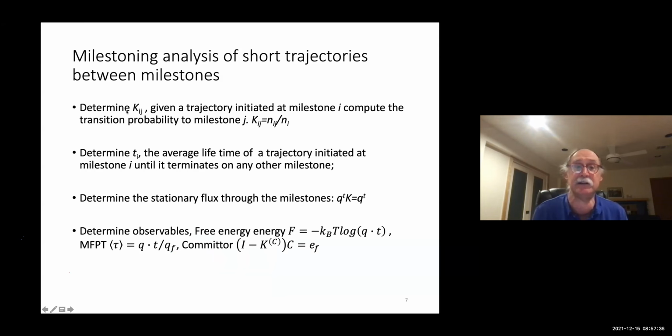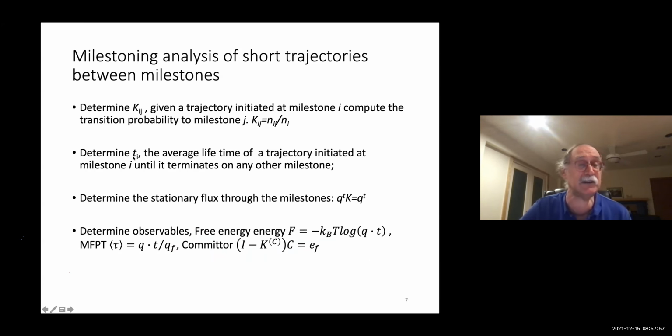This is the probability that a trajectory that starts at milestone I will hit milestone J for the first time. In the language of trajectories, it is essentially the number of trajectories starting from I and ending at J, divided by the total number of trajectories starting at I. This is our estimate of this Kij.